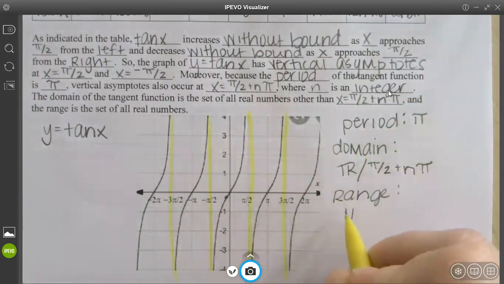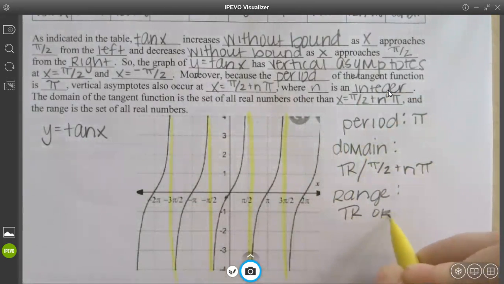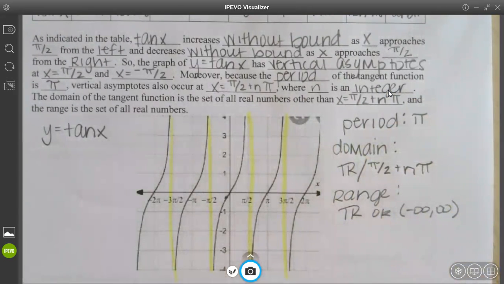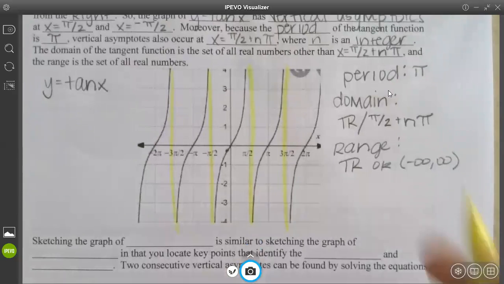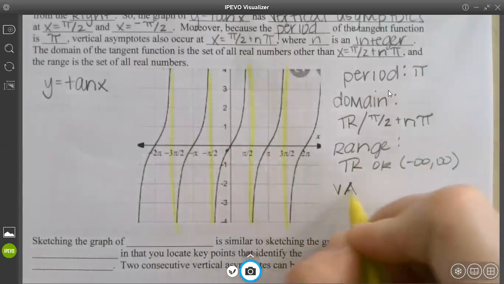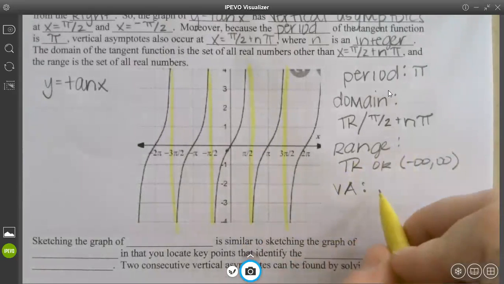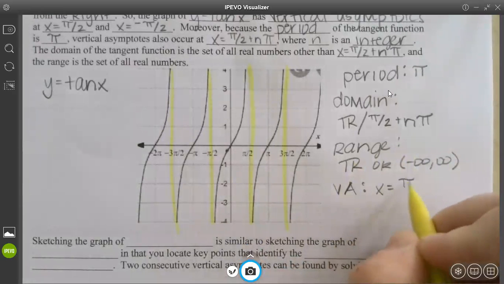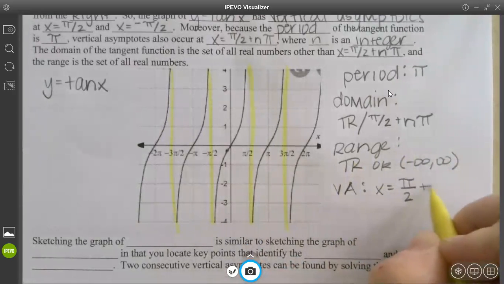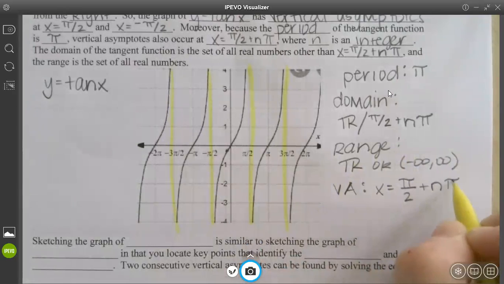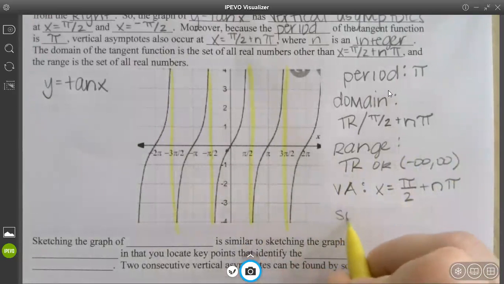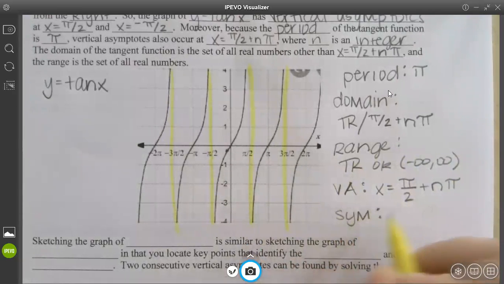Your range is all reals, or you can write it as negative to positive infinity. Your vertical asymptotes are at x equals pi over 2 plus n pi. And it is symmetric to the origin.